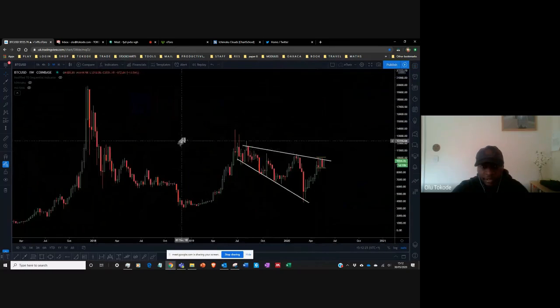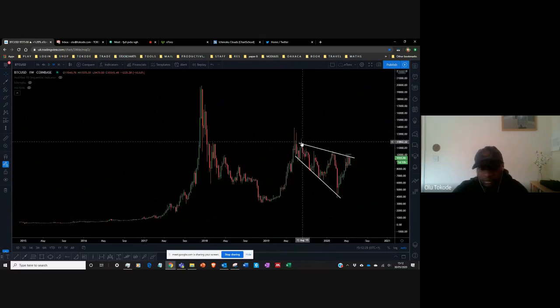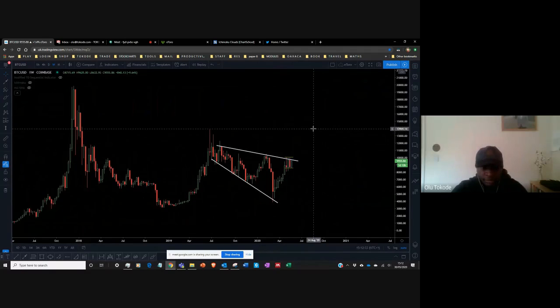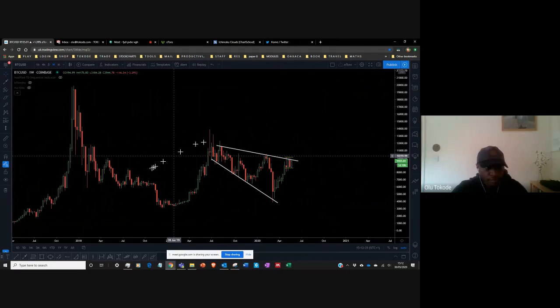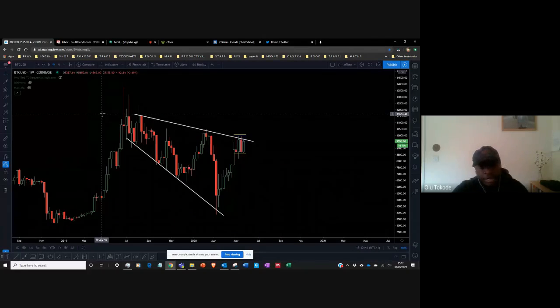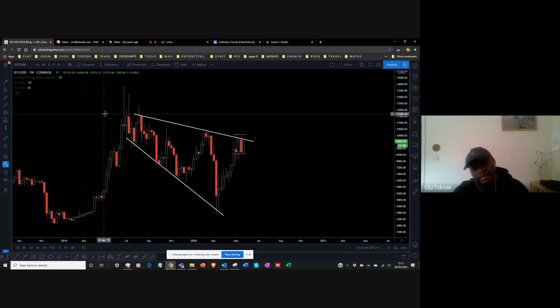This is the weekly chart for Bitcoin. I'm not even using indicators here. I'm just trying to use price action. If you use chart pattern analysis, we have a pattern here. This is a descending broadening wedge.